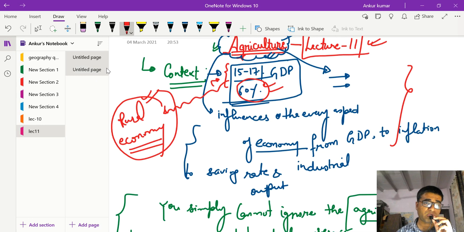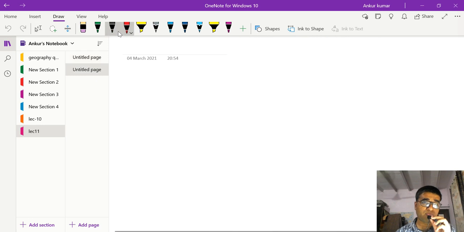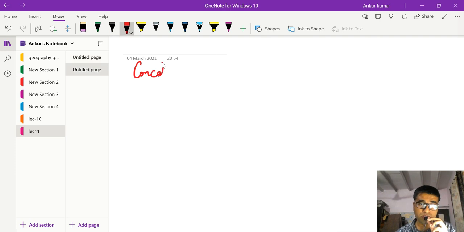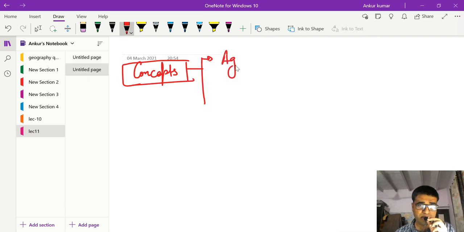Now we must move on to the concepts. First of all, we will study all the concepts related to agriculture, and in those concepts we will start first with agriculture efficiency.